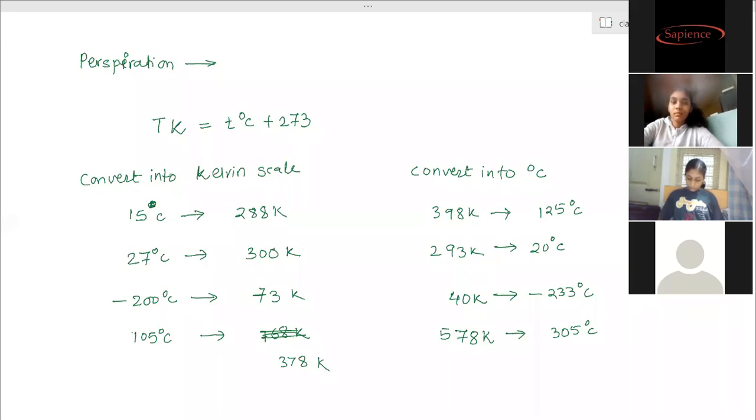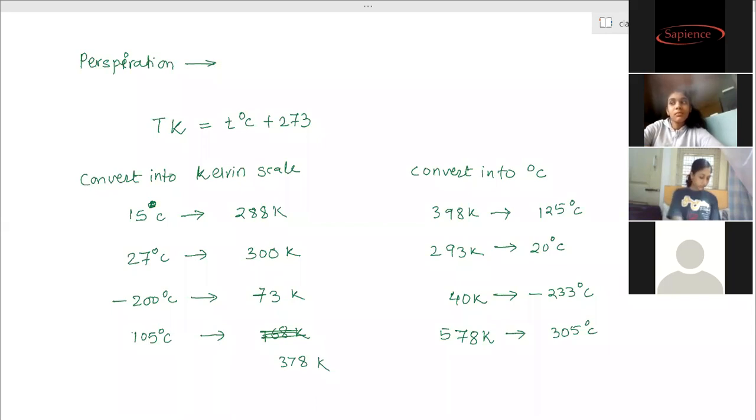So what happens on melting? Normally melting means the solid gets converted into liquid, and the space between the particles increases due to melting.